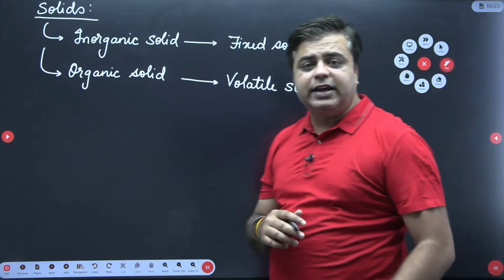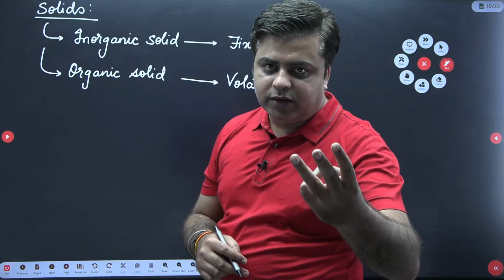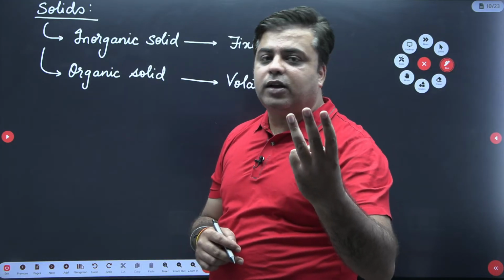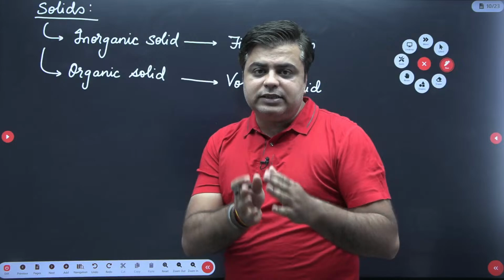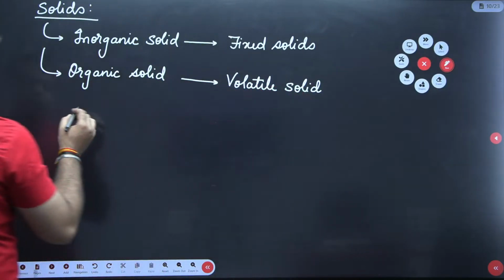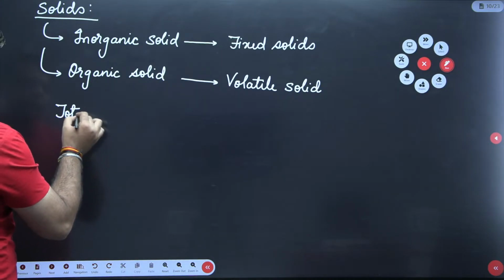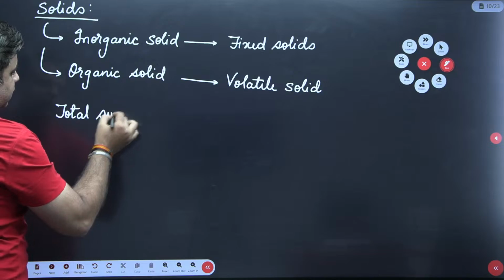Now we have seen three different types of solids: total solid, suspended solid and dissolved solid. All these three types of solid can be classified as inorganic or organic, okay. So if I talk about total solids, they are of two types.